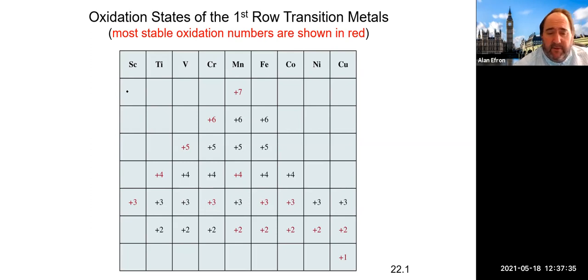We do see, as we go, this is our first row transition metals, starting there, going across the periodic table. We do see an increase in oxidation number as we go this way, and it kind of comes down the other way. For the most part, plus twos and plus threes are very common oxidation numbers for our transition metals.